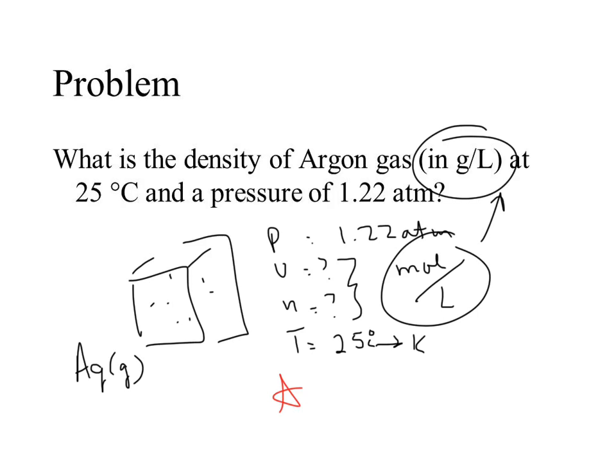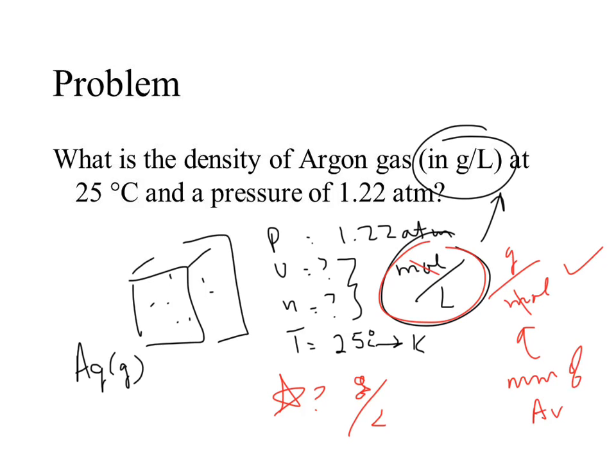What you're supposed to be finding is grams per liter. But if you have moles per liter, do you see where you can just use the molar mass of argon, since you know its identity? And voila, the molar mass of argon. That's how we're going to work this. I don't know if that made sense.